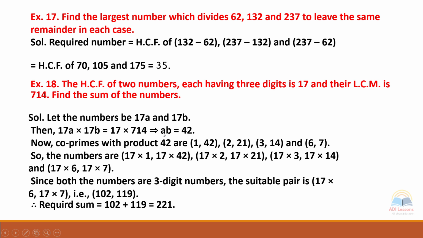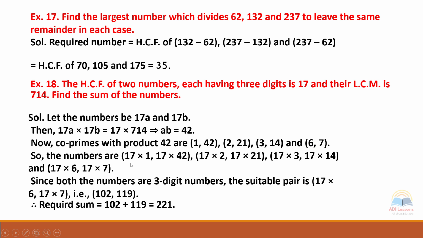So then ab equal to 42. Now co-primes with the product 42 are 1 comma 42, 2 comma 21, 3 comma 14 and 6 comma 7.